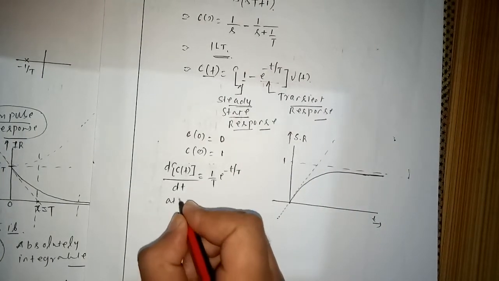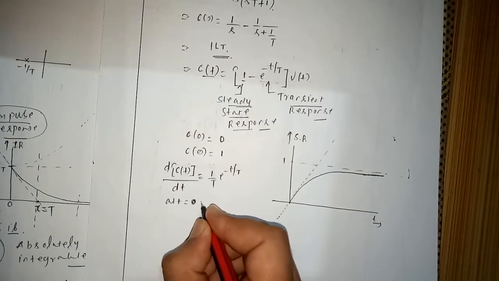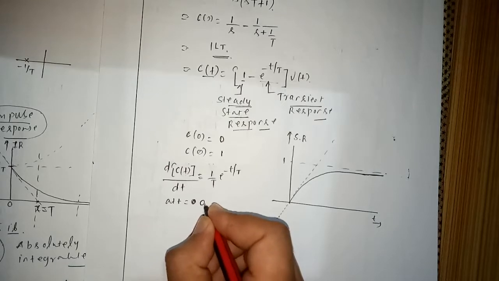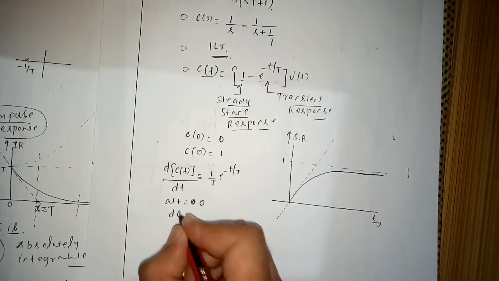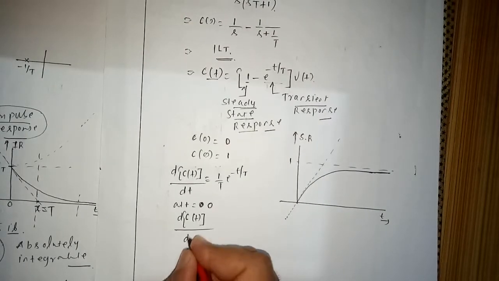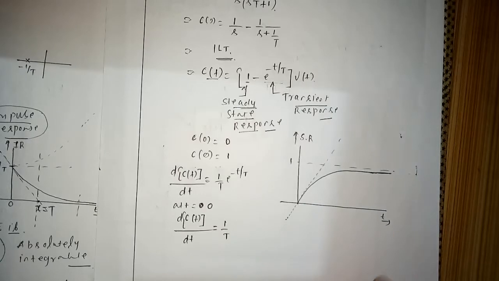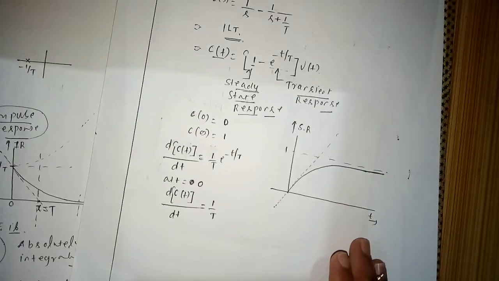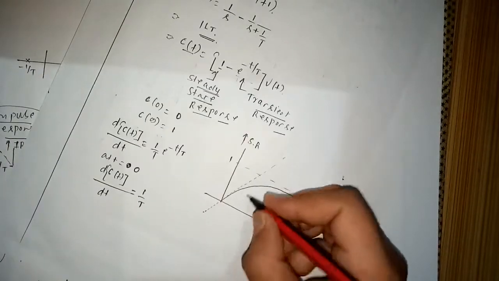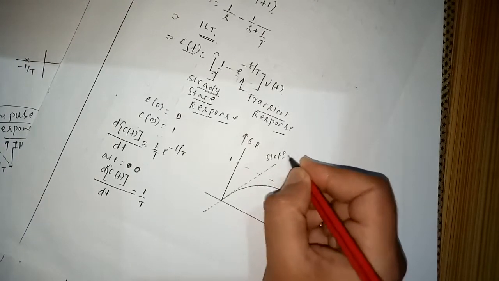And at t equal to 0, our slope dc(t)/dt is equal to 1/T. At t equal to 0 my slope is 1/T.